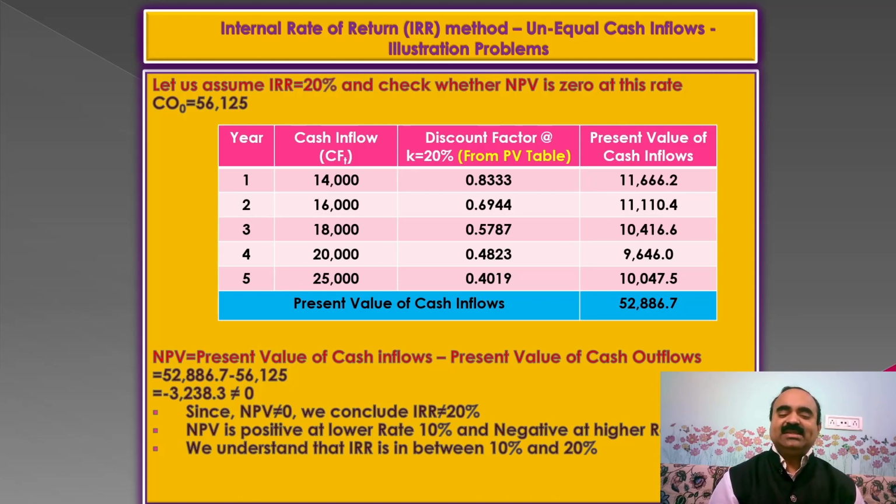Since NPV is not equal to 0, we conclude that IRR is also not equal to 20%. NPV is positive at lower rate of 10% and negative at higher rate of 20%. We understand that IRR is in between 10% and 20%.